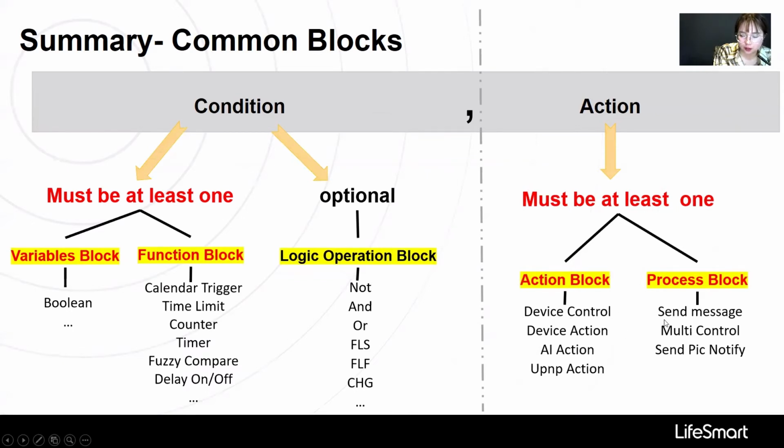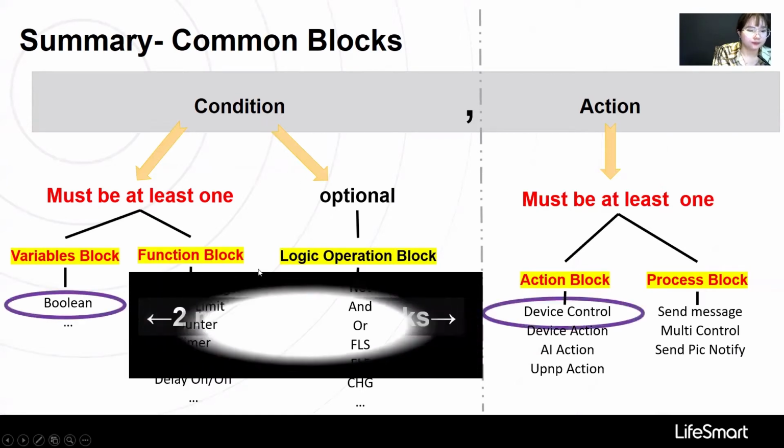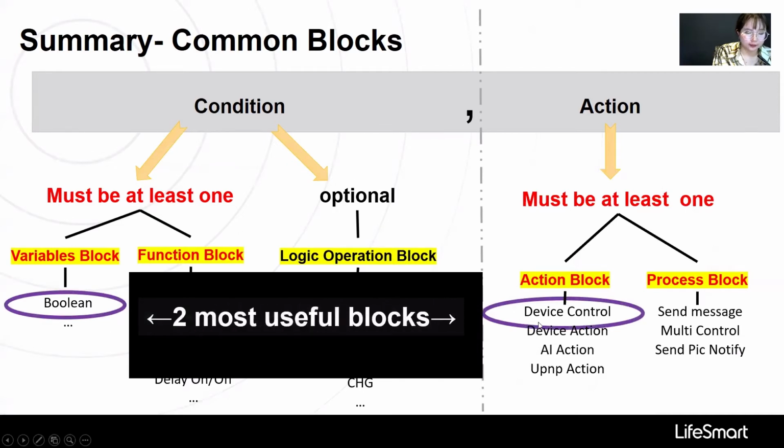And the process block, about send message and picture notify, and multiple control. Because it's a recording, I may speak very fast. You can slow down the speed as you like. Among these, Boolean and device control are the 2 most useful blocks. Okay, we use these 2 most, and these 2 are the most useful, of course.